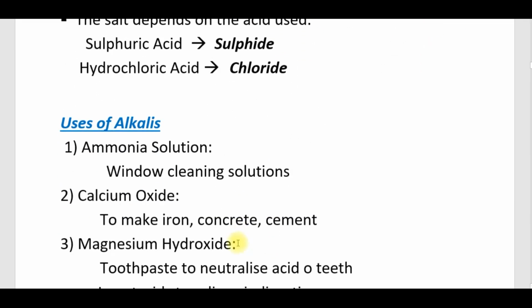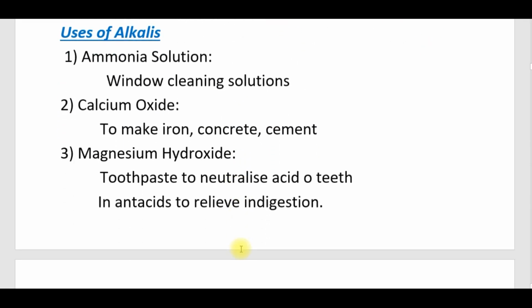Then what are the uses of alkalis, which are similar to the uses of acids I discussed earlier? Ammonia solution is one example of an alkali. It is used in window cleaning solutions; the majority of window cleaning solutions contain ammonia solution.